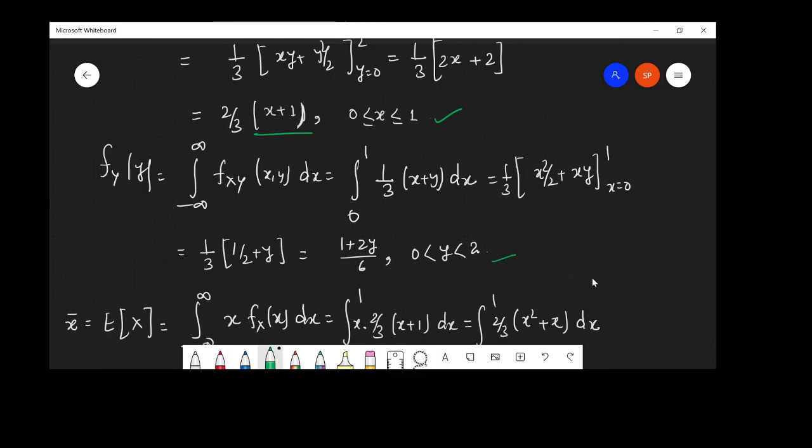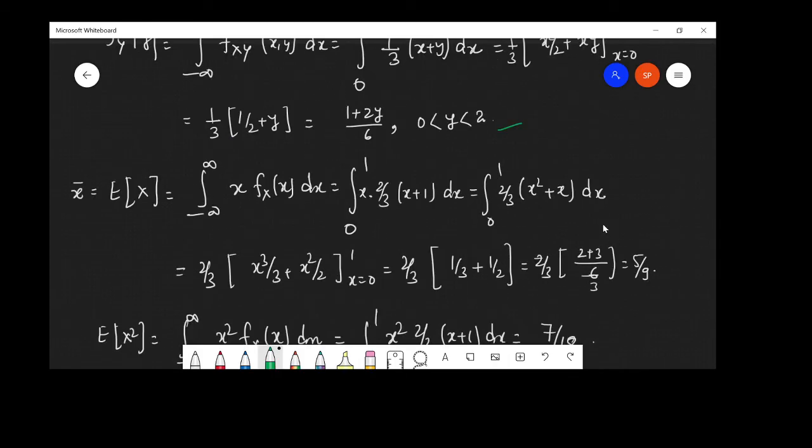And now after that we need to find x bar. Here x bar is equal to the expectation of x. Now we write the formula, the integral from minus infinity to plus infinity of x into the marginal density function of x dx, and now with integration limit of x from 0 to 1, x times the marginal probability density function of x, which is 2 by 3 (x plus 1) dx.